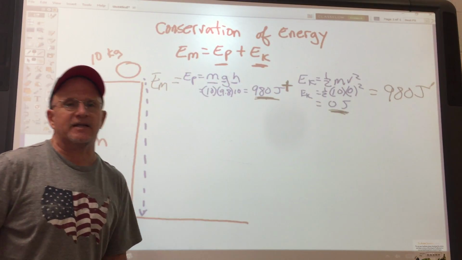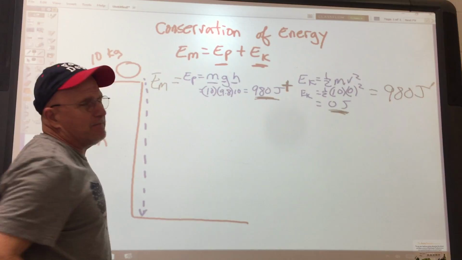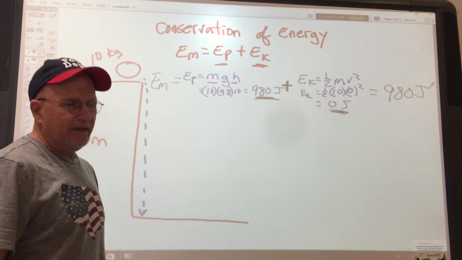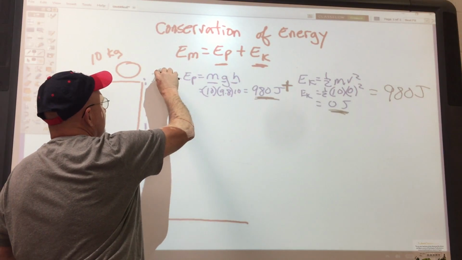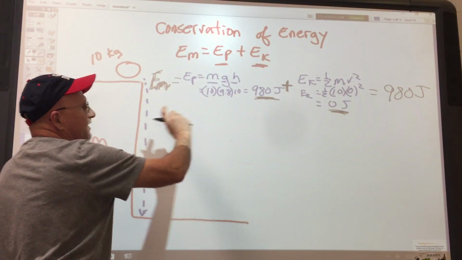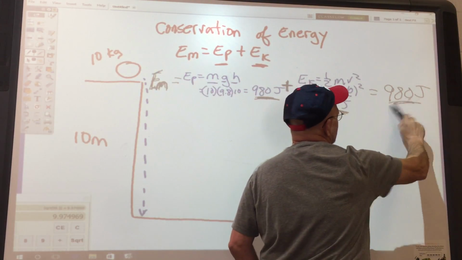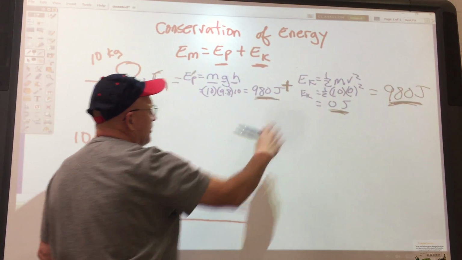It's just a way of thinking about the energy within the system. The total energy, that's really what mechanical, in our use of it, is describing. So the total mechanical energy in this system is 980 joules. So that's pretty interesting. If I add up the potential and the kinetic, I'll always get that.